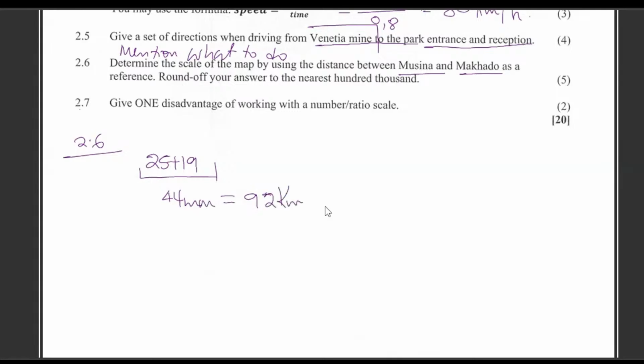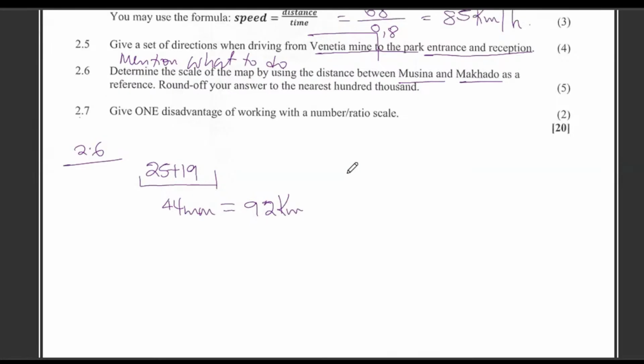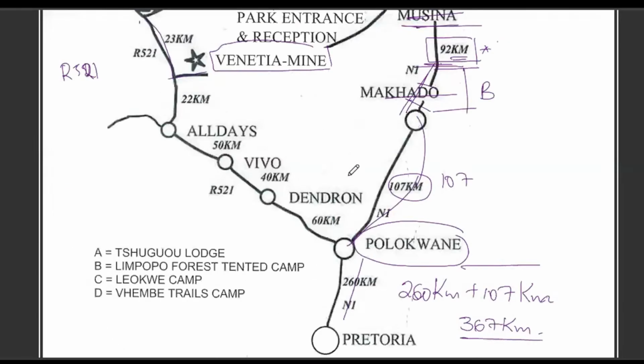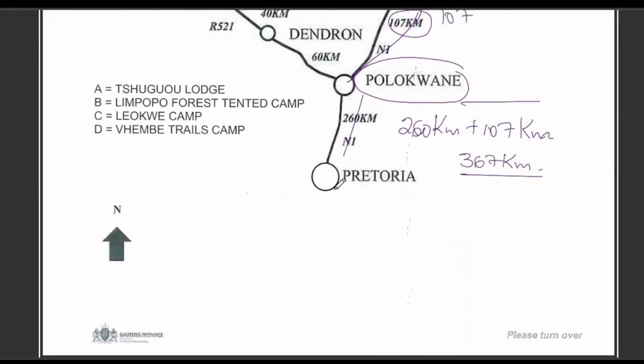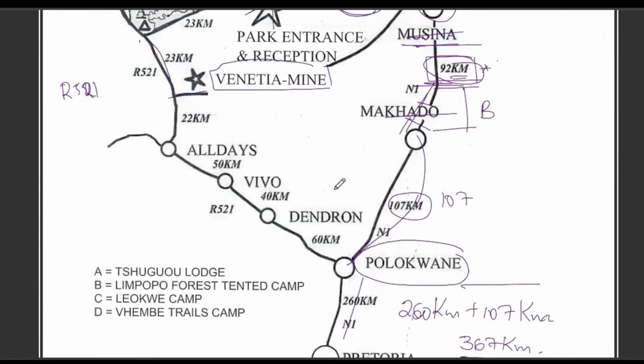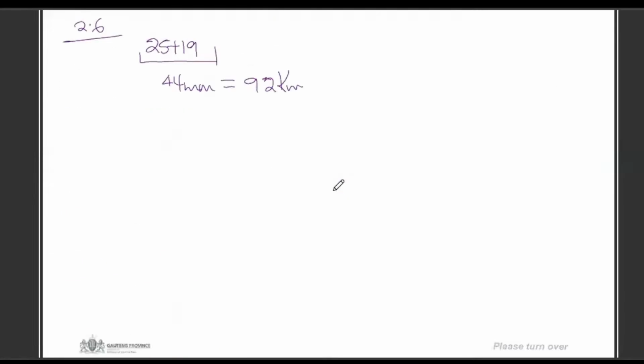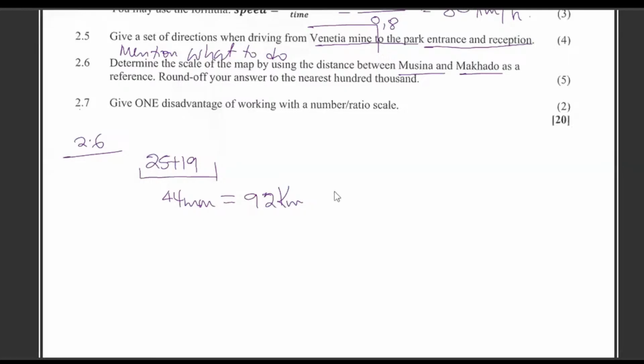These are millimeters, these are kilometers. The 92 kilometers, where am I getting it from? From here. Remember, I'm determining the scale. So now this means 44 millimeters are equivalent to 92 kilometers.